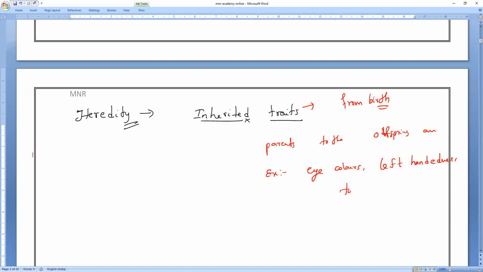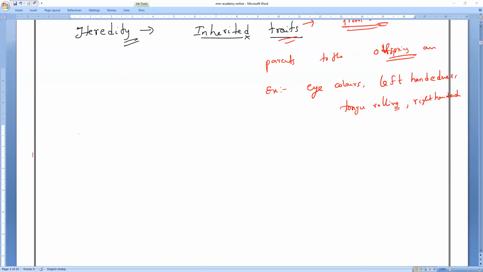Even right-handers also, we can say. This is what we call inherited traits, which come from parents to the offsprings from birth itself. Do you understand?